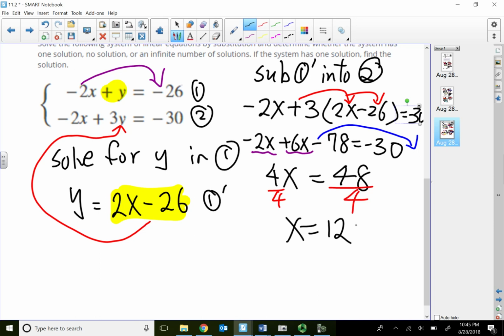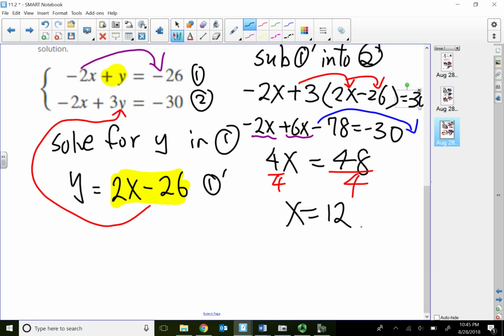All right. So what do I do with this 12? Now I'm going to take my 12 and substitute back into my first equation prime, because that one is the easiest one to go back to, because it already says y equals. I can take the 12 back into the original first and second equation, but this first equation prime was just easier.